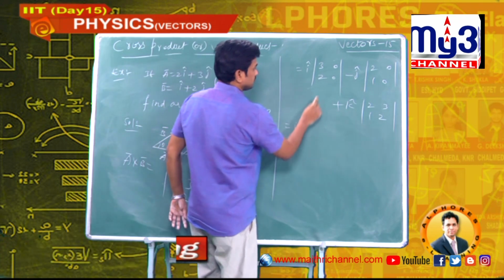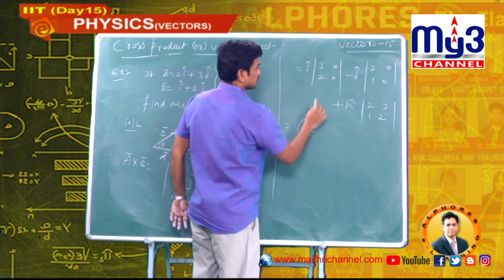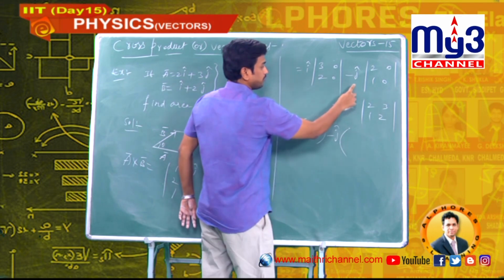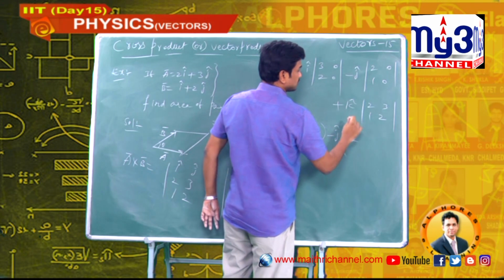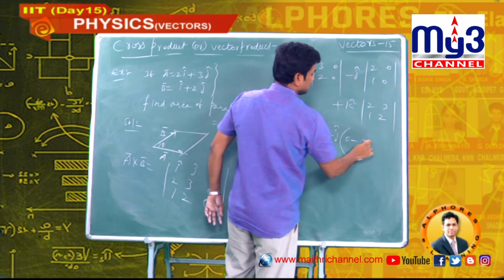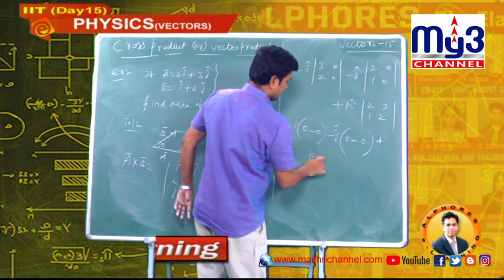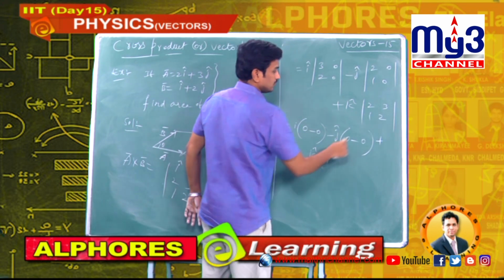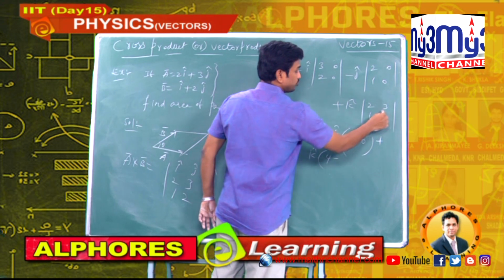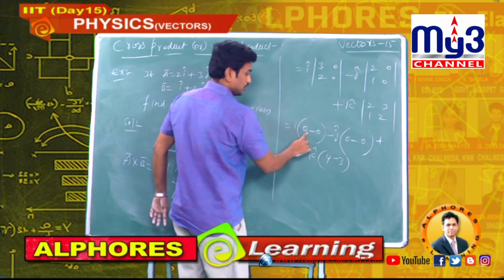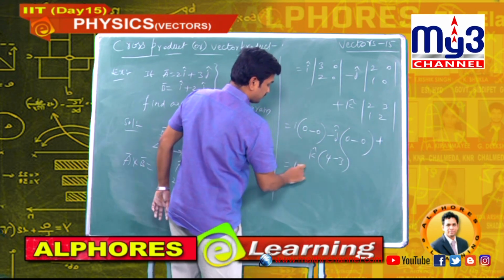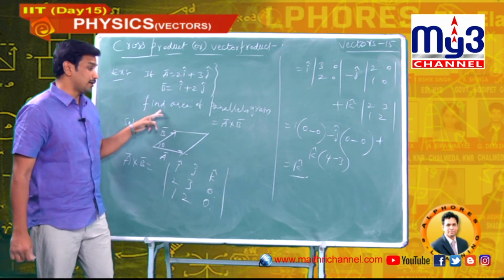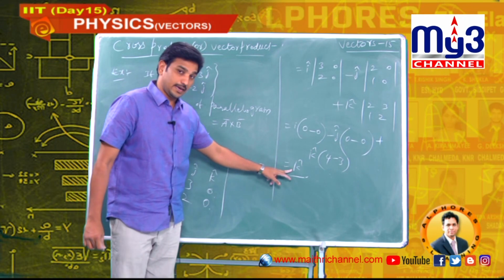I cap, 3 into 0, 0, minus 2 into 0, 0, minus J cap, 2 into 0, 0, minus 0 into 1, 0, plus K cap into 2 into 2, 4, minus 1 into 3, 3, 0, 0. Now answer K cap. Now area of parallelogram is K cap direction.